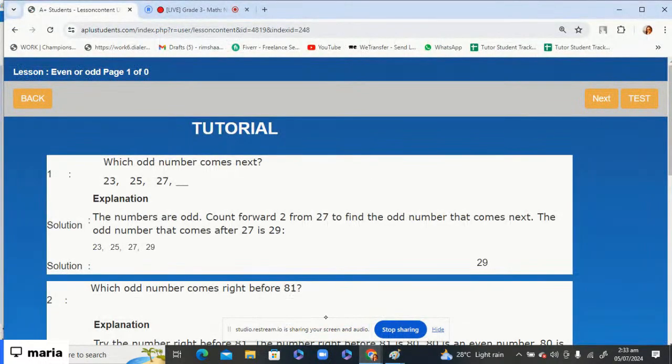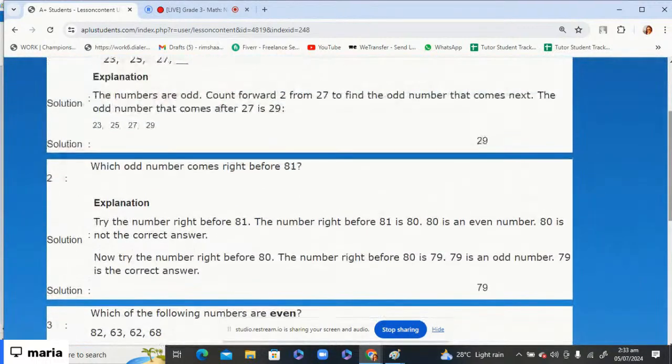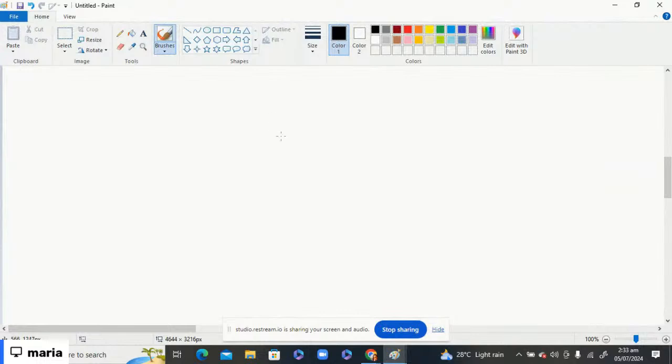Okay, now let's do some questions. Which odd number comes right before 81? They are saying that here is 81. If I say, what's the next odd number? Everyone tell me please in the chat.